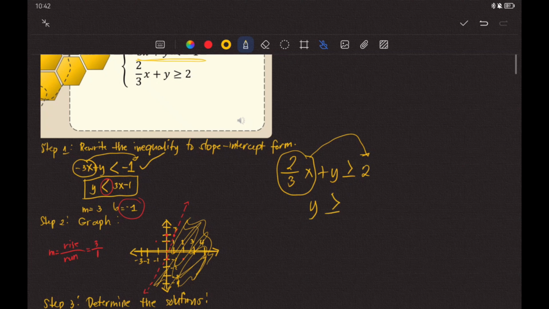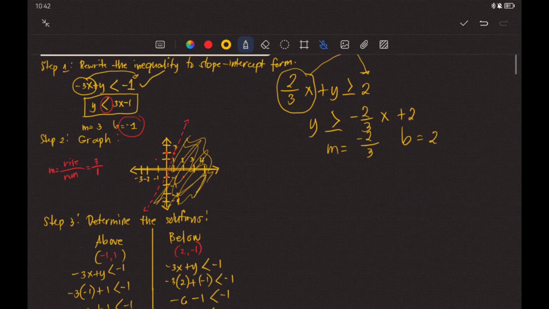So this is y is greater than or equal to -2/3 x plus 2. Giving our slope as -2/3 and our y-intercept as +2. Now let's graph this one.